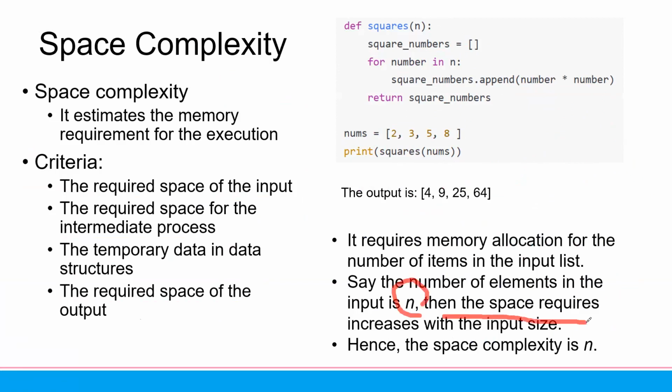So the space required increases with the input size. So if I have 10 numbers, then we need to save also 10 numbers. So it depends on the number of inputs, because the space complexity is n.